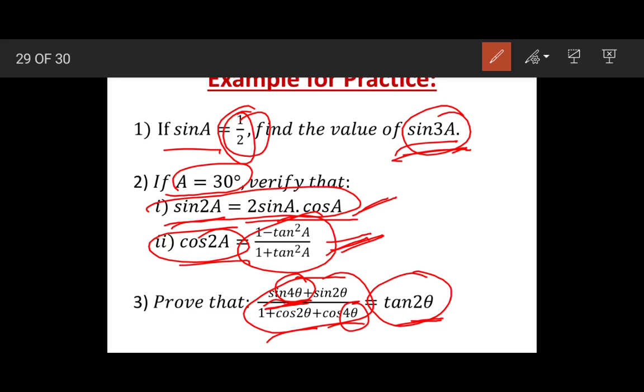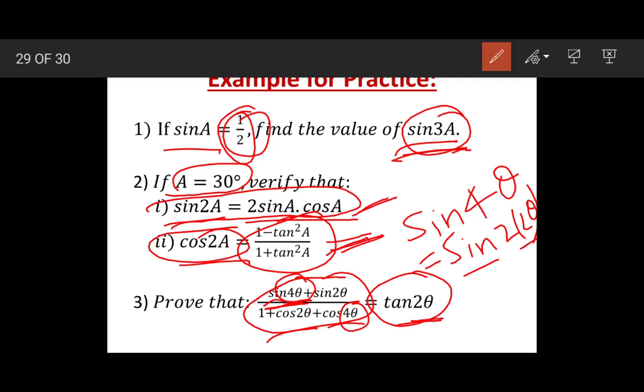So this sin 4 theta can be written as sin of 2 into 2 theta, right? So it is in the form of sin 2 theta.